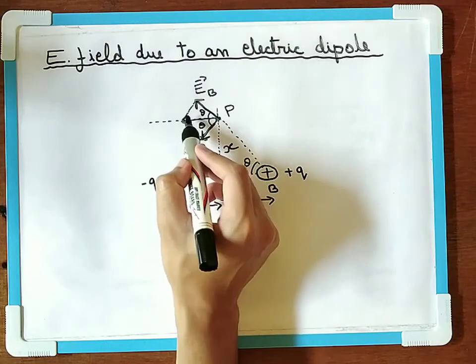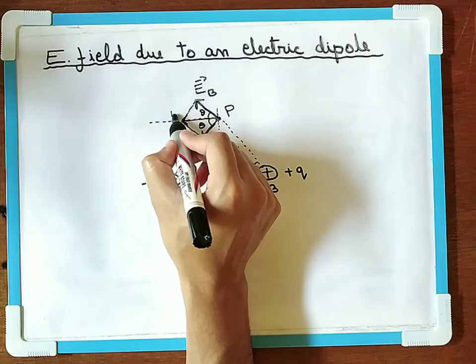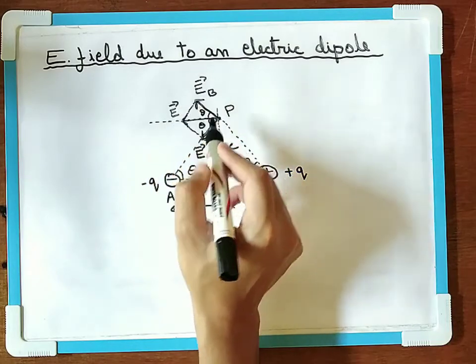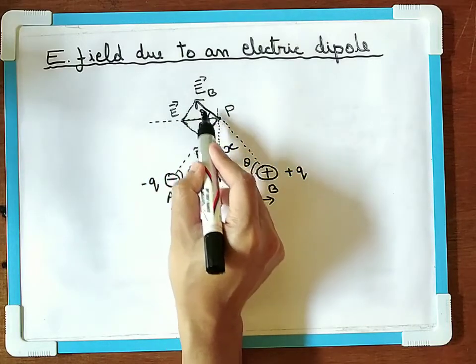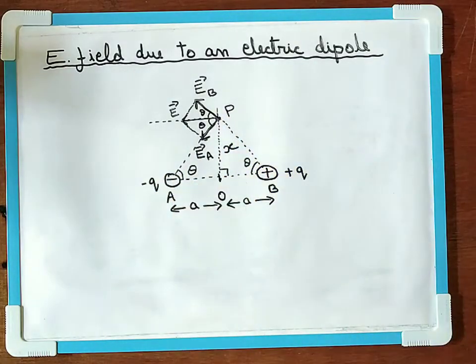So this is the resultant electric field intensity, given as E vector. Hence, that is the resultant electric field intensity.